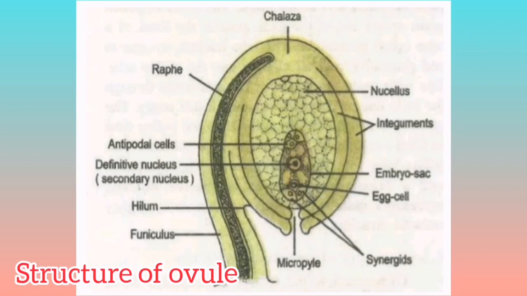In some species, the inner layer of the integument may become specialized to perform the nutritive function for the embryo sac and is called endothelium or integumentary tapetum. Based on the position of sporogenous cells, ovule is classified as tenuinucellate and crassinucellate type.